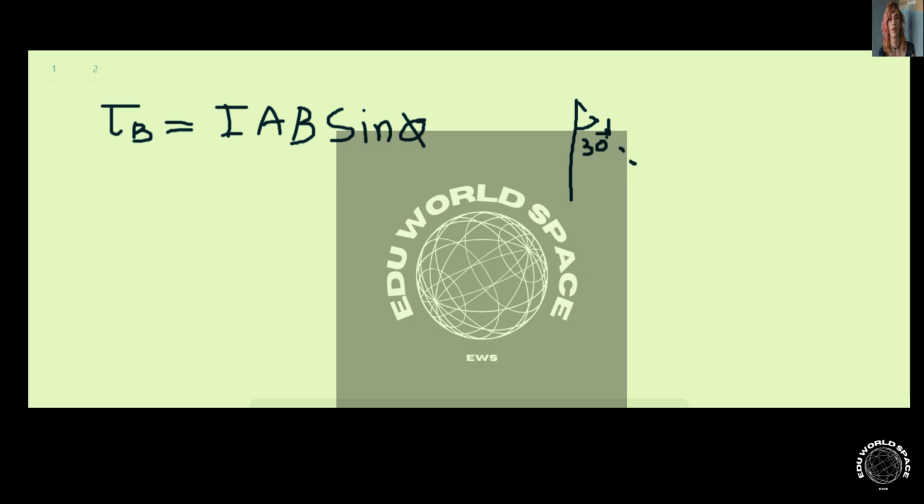Then the normal to the loop points in this direction along the vector r, right? And so the normal to the loop is the vector that's perpendicular to the surface, it's perpendicular to the plane of the loop. That's this vector. We call this vector n hat.